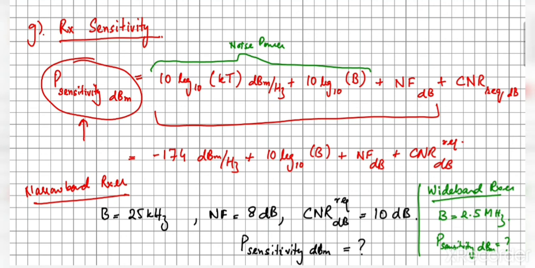So these calculations will help you understand the terms better, and I would therefore encourage you to do these calculations in your notebooks. This will indicate, for instance, that if we increase the bandwidth of the signal by a factor of 100, how would the sensitivity of the system change?